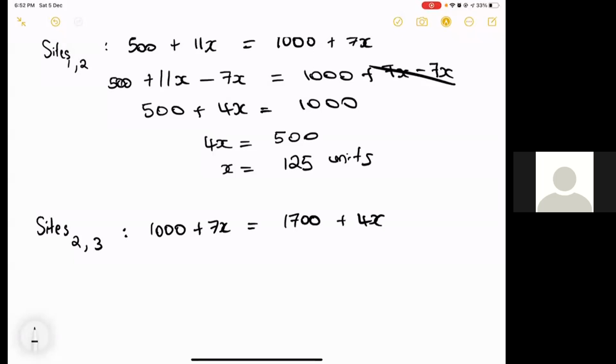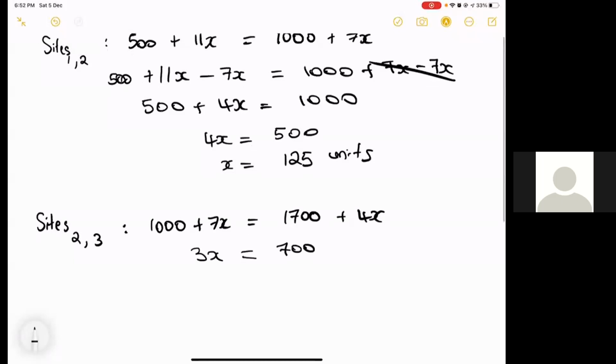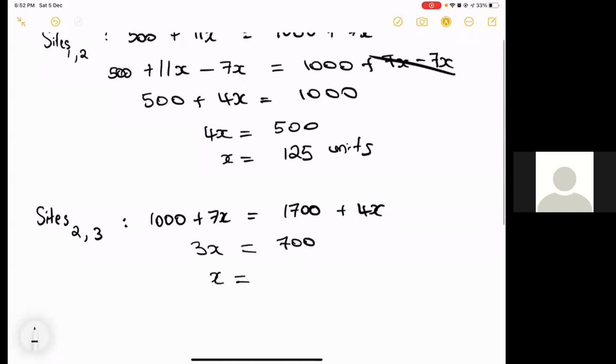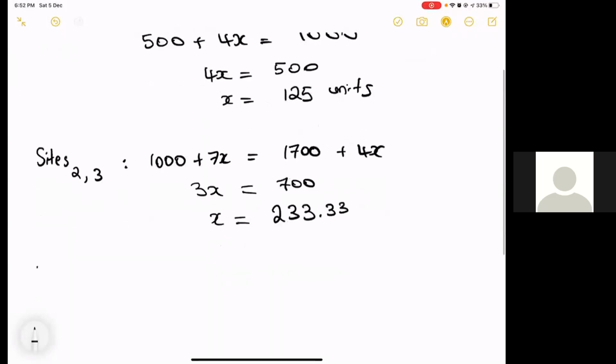So 3x is equal to 700, and x is equal to 233.3. We know that this continues indefinitely, so we can just leave it there.